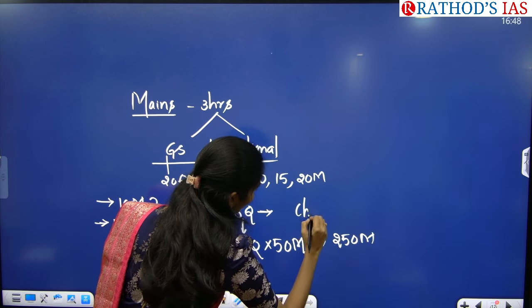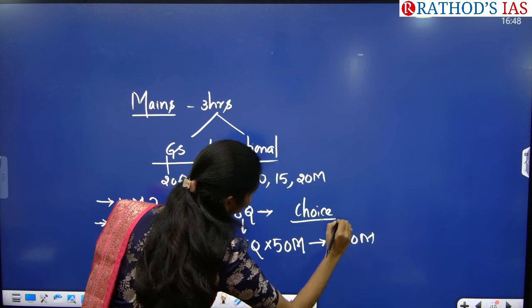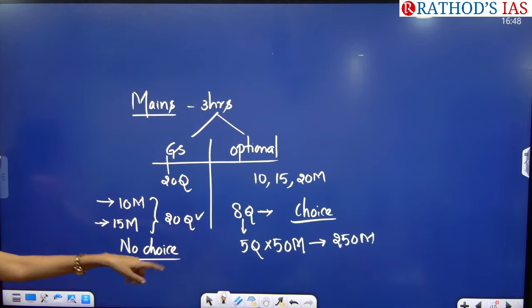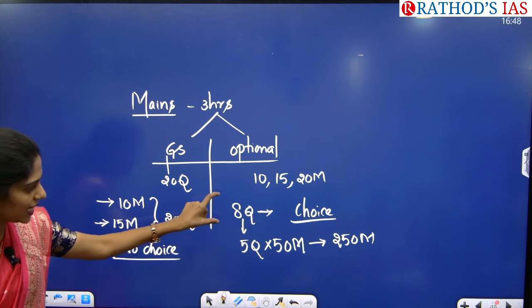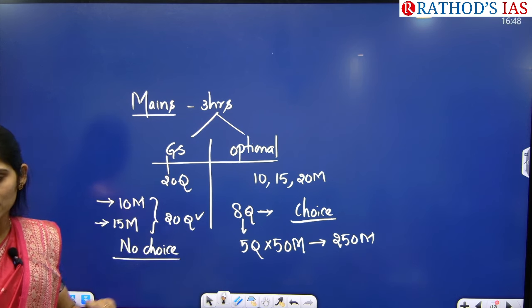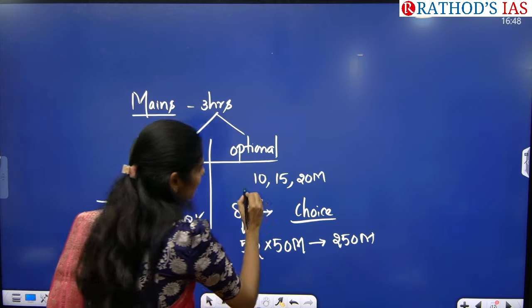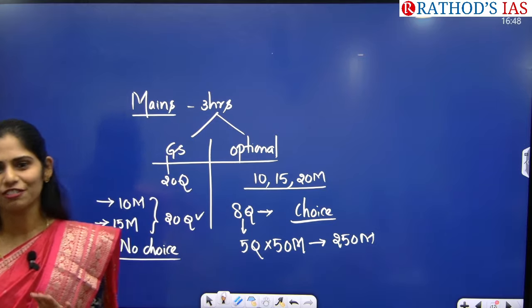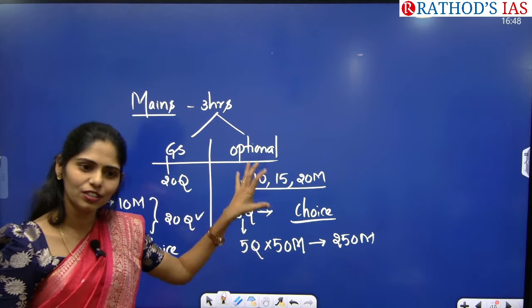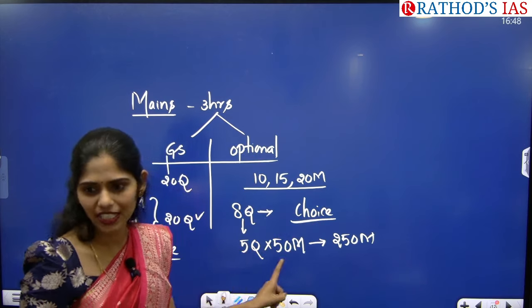That means you will be having choice to choose which question you need to answer. That means 8 questions. Out of this, you have to answer only 5 questions, and each question carries 50 marks. And in this, they will not be giving you a single question for 50 marks. So you'll be having 3 sub questions in each and every question.